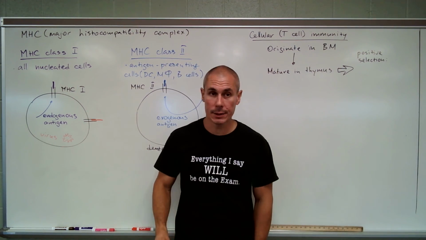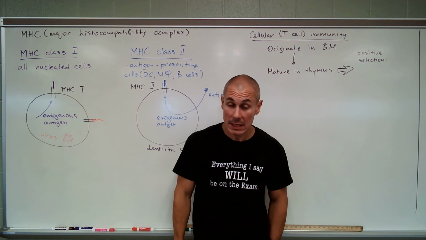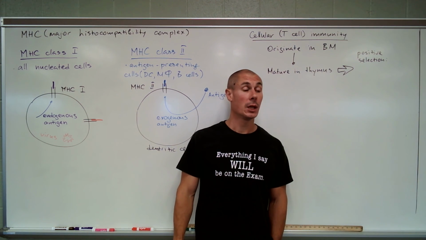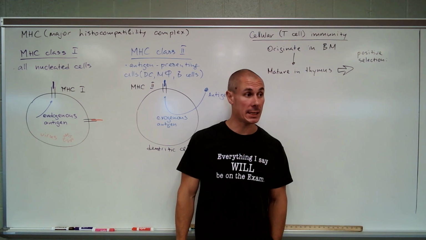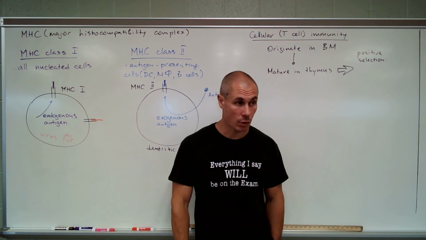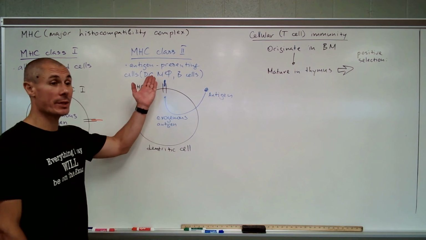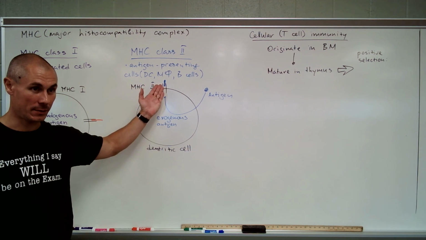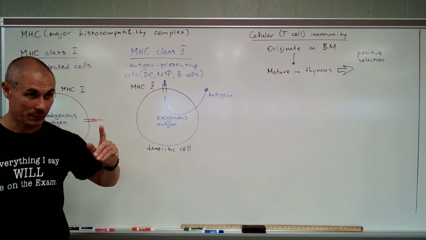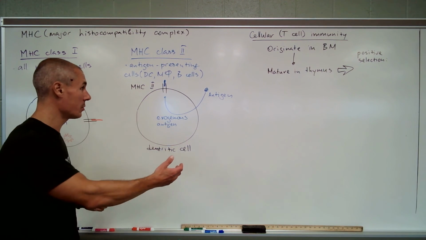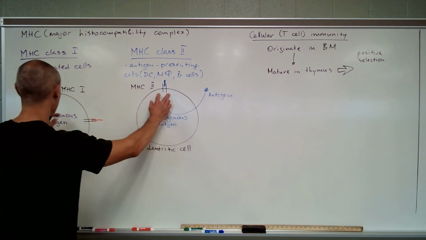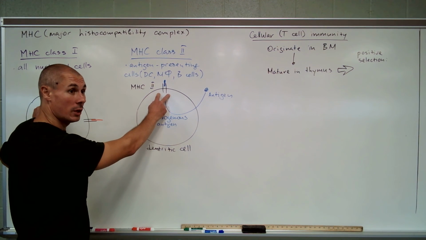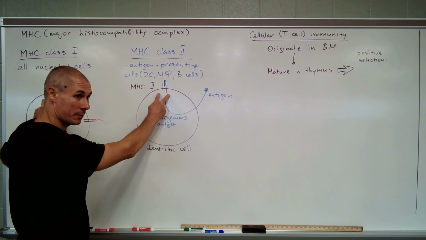Your T cells, unlike B cells, can't just recognize antigen. Antigen has to be presented to them by antigen-presenting cells. Does that make sense? And the presentation happens through either of these two MHC classes.